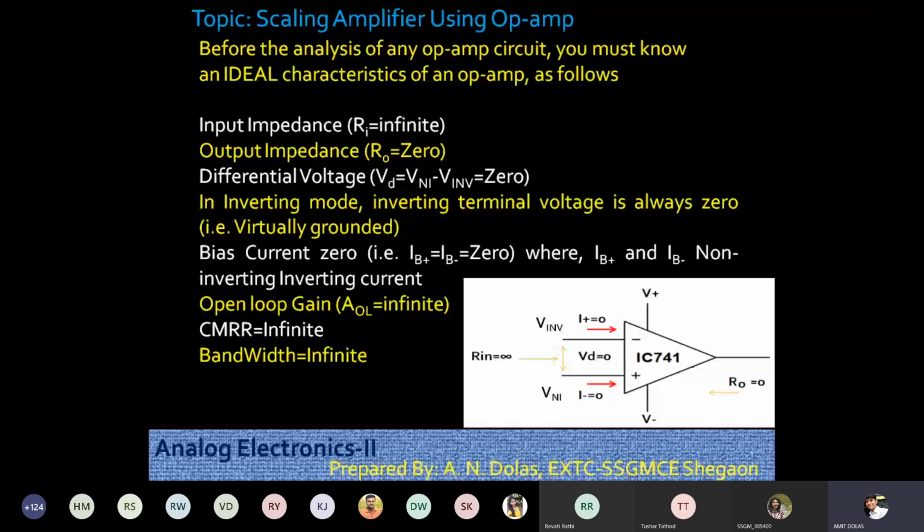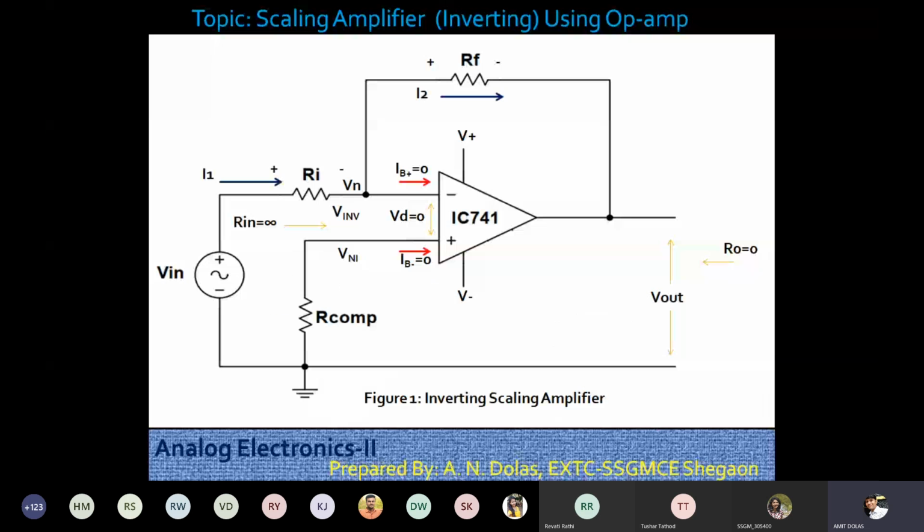Next, we'll move to the scaling amplifier, wherein you can see it is a simple, which mode of operation? It is inverting mode of operation. So figure 1 shows inverting scaling amplifier. So you can see I have mentioned all the ideal characteristics on the circuit itself so that it will be very easy to understand.